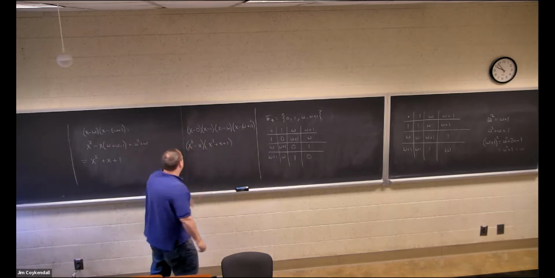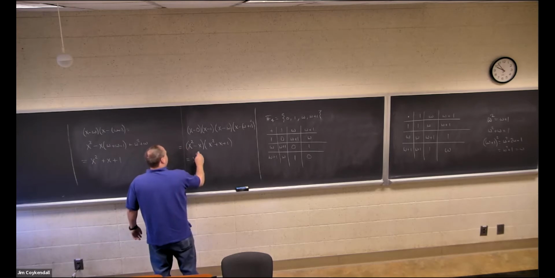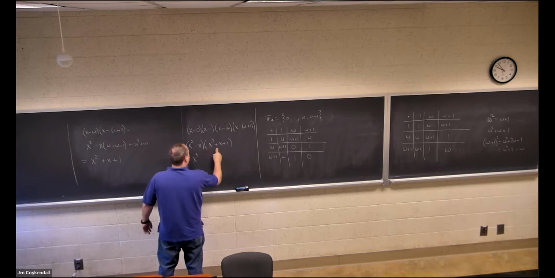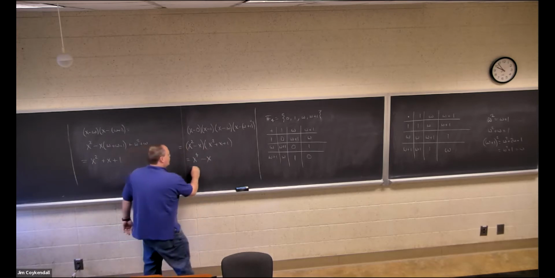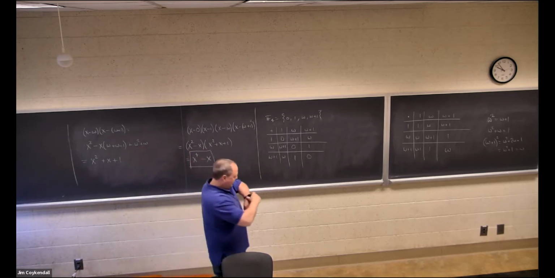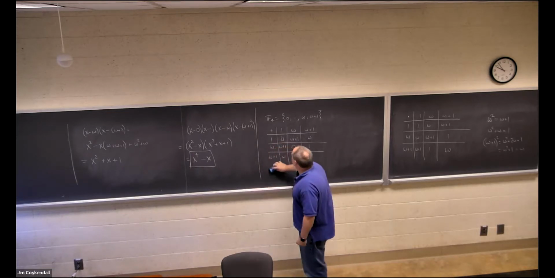When I multiply this out, I get X to the 4th. The X cubed terms are gone, the X squared terms are gone, minus X. And if you remember that polynomial, that's what happens here.